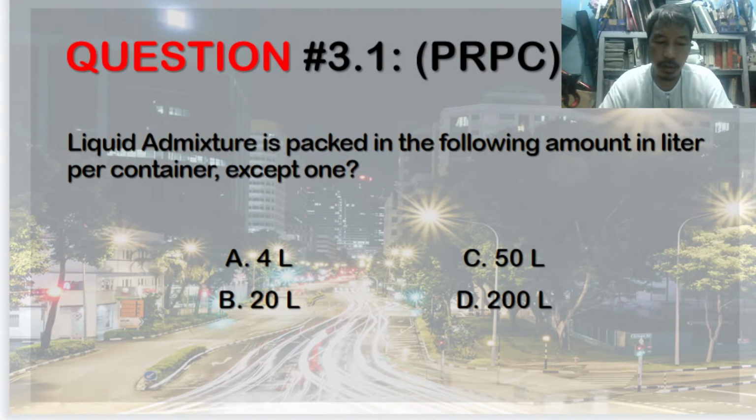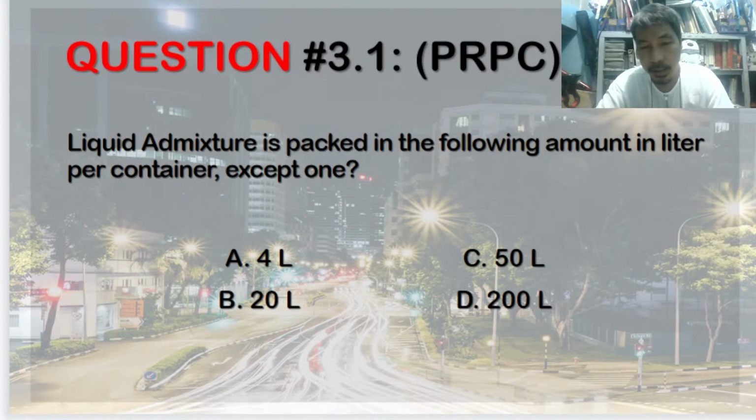Okay, next question. How about liquid admixture? It is packed in amounts in liters per container. There are several sizes of packaging when we are dealing with liquid admixture. A, 4 liters. B, 20 liters.